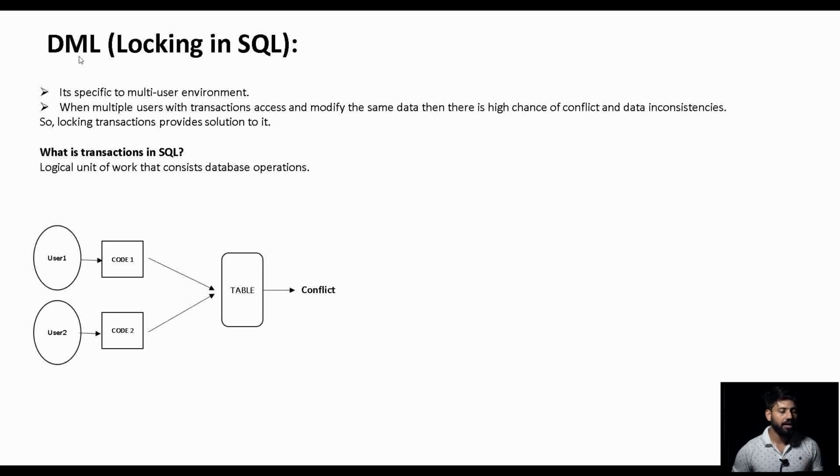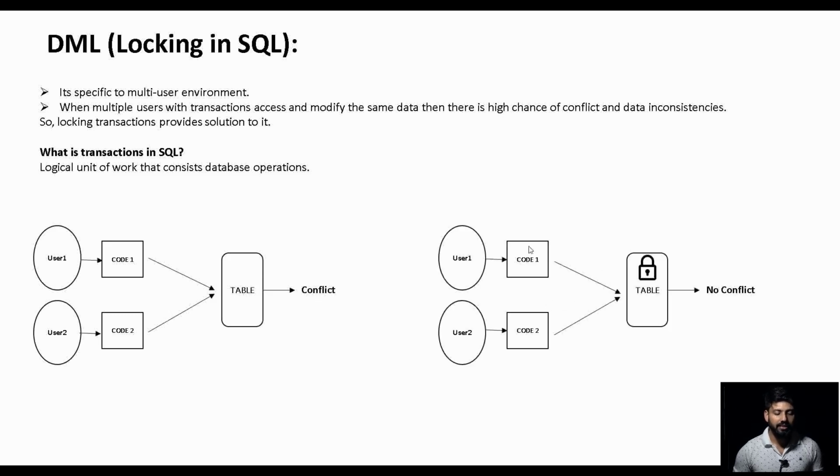But when they go ahead with data modification, that means insert, update or delete, at that particular moment, if one user is modifying that data and user 2 is also accessing or modifying the same data, then it may end up with a conflict of the data. To come up with the solution, a lock will be applied in the transaction for this particular table. And what a lock is and how it gets applied, we will watch in the next slide.